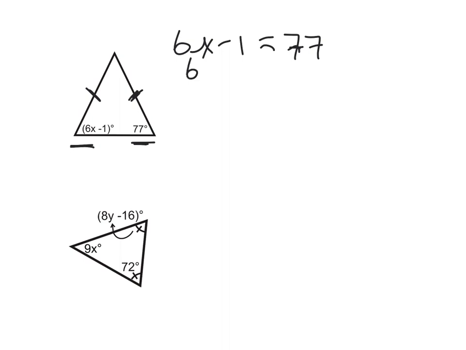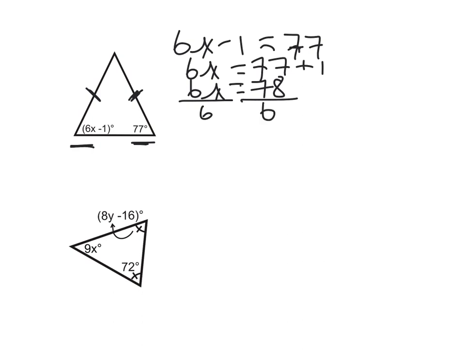So 6x equals 77 plus 1. 6x is 78. Divide both sides by 6. So x, whoa. You guys notice that I can work my way up, I just can't work my way backwards.